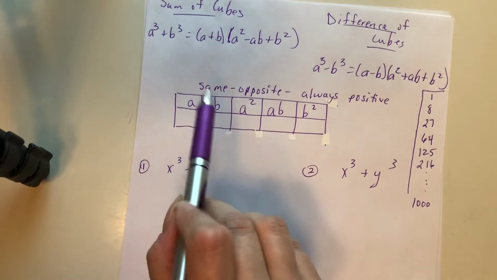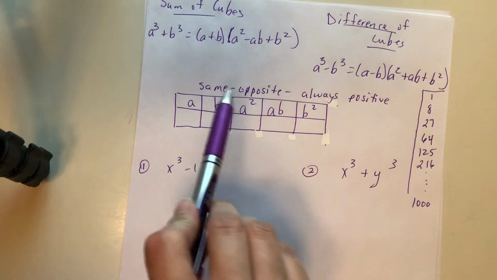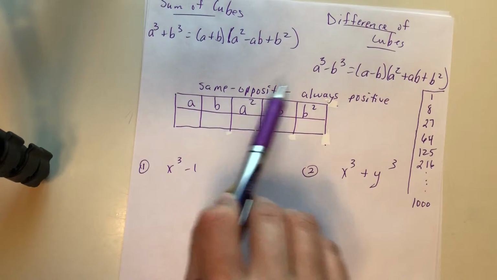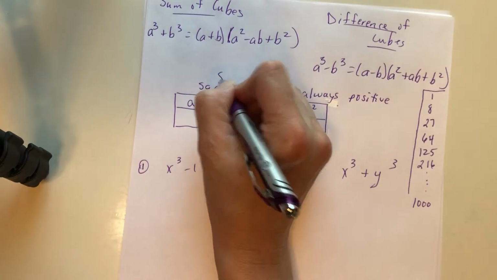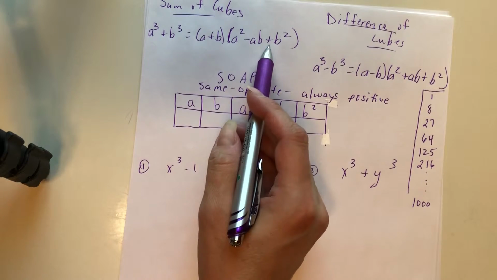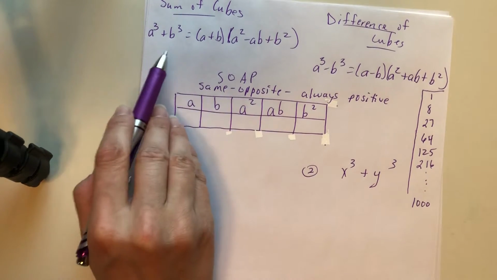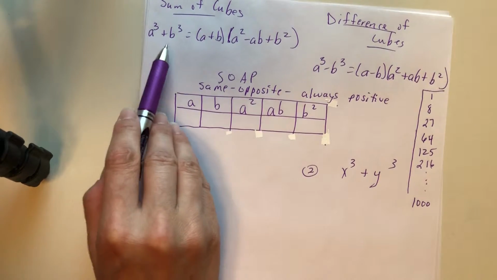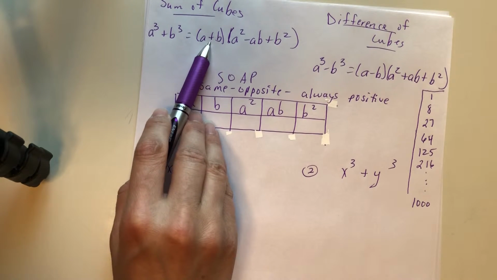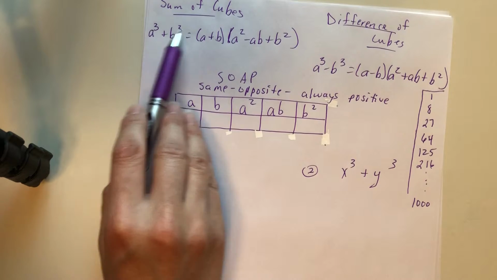And then for the signs, we've got this little way to help us remember it. It's going to be same, opposite, always positive. Or you can say SOAP. Same just means that whatever sign the original problem had is going to be the same in the first set of parentheses. So we started out with a plus, we got a plus.